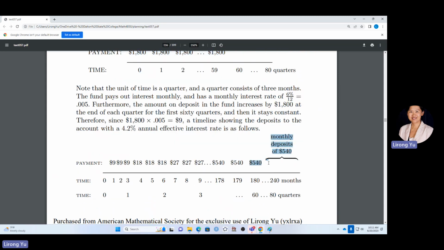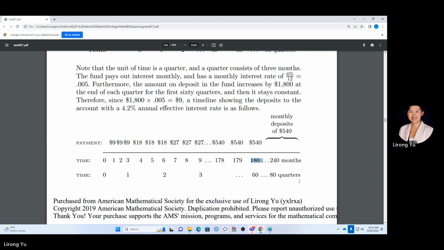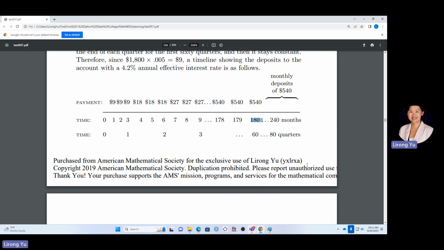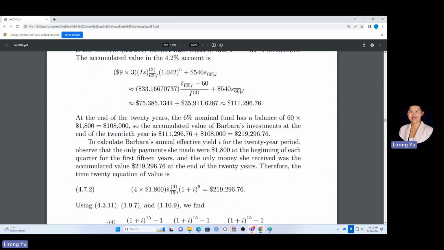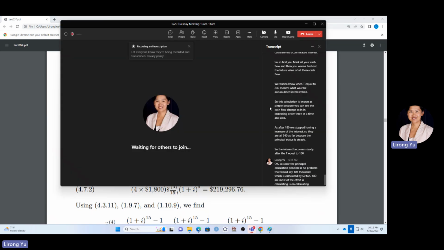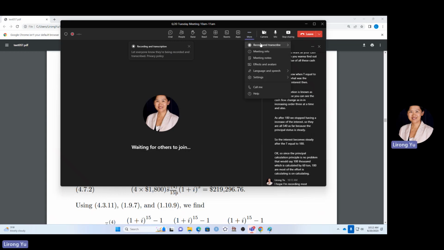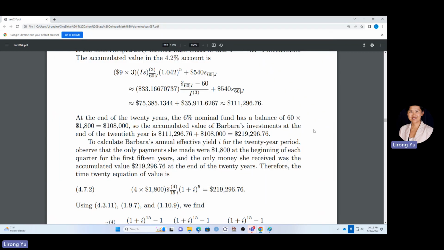So the interest becomes steady after t equal to 180. Okay, since the principal calculation is no problem, that was 108,000, which is calculated by 60 times 180. Most of the effort is on calculating the interest.